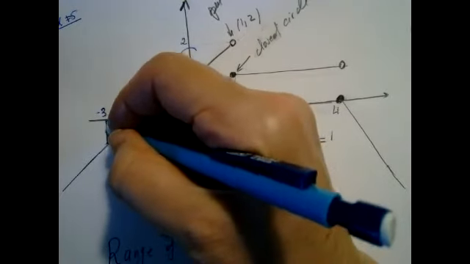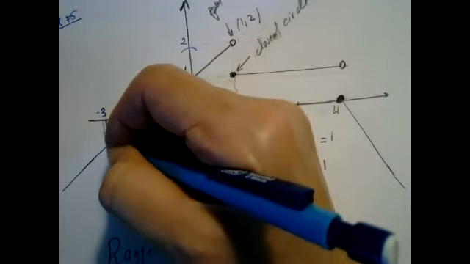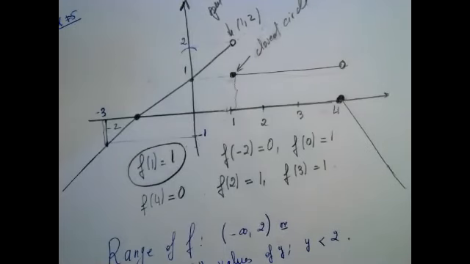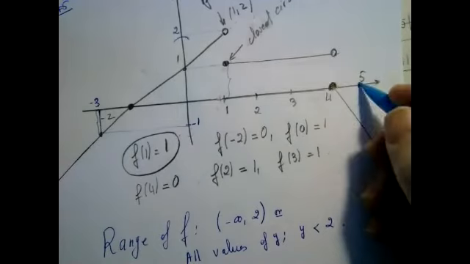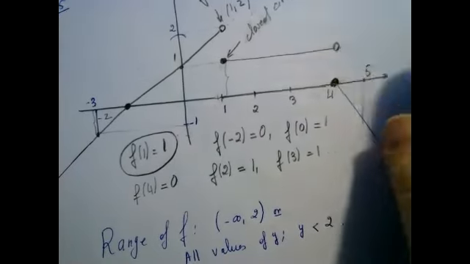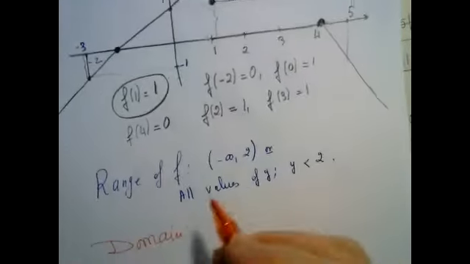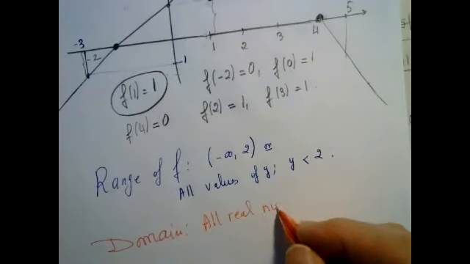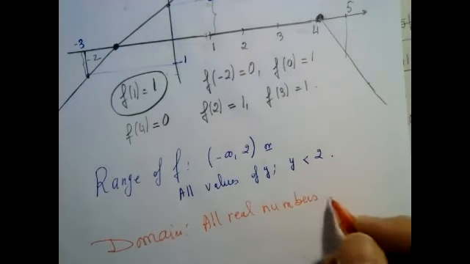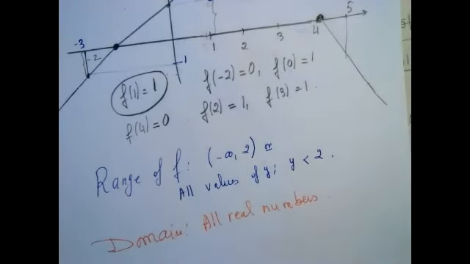This is -3. You go all the way. Oh, yeah. There is an output, okay? Is there an output for 5? Yes. So what's the domain? All real numbers. Exactly, all real numbers, from minus infinity to plus infinity.